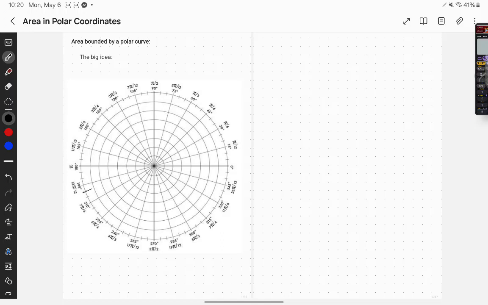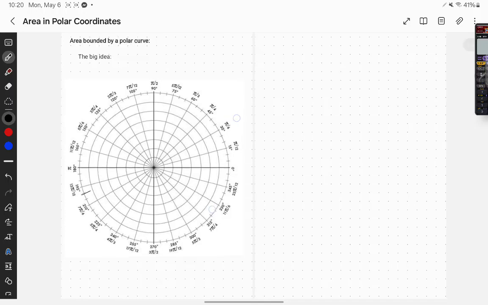As you can see, our polar coordinate system is like a big circle with different radii that we can use to plot our polar curve.